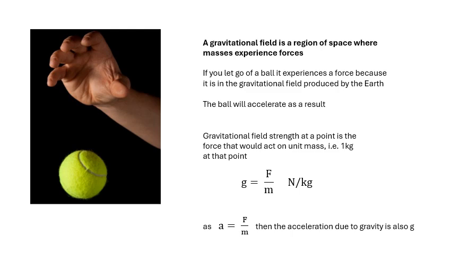So little g is gravitational field strength in newtons per kilogram, and it is also the acceleration due to gravity, which is 9.81 meters per second squared. It's the same symbol. They are equivalent units. If you boiled them down to the base units, they would be the same. In fact, meters per second squared is base units.